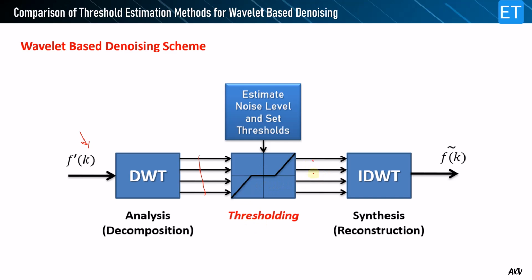After the thresholding, all the wavelet coefficients are collected, and then with the help of the inverse transform, I get a denoised output. There are various methods which are used to estimate the noise variance, and they are used to set the threshold value lambda to threshold all these detail wavelet coefficients. So this is the simple scheme.